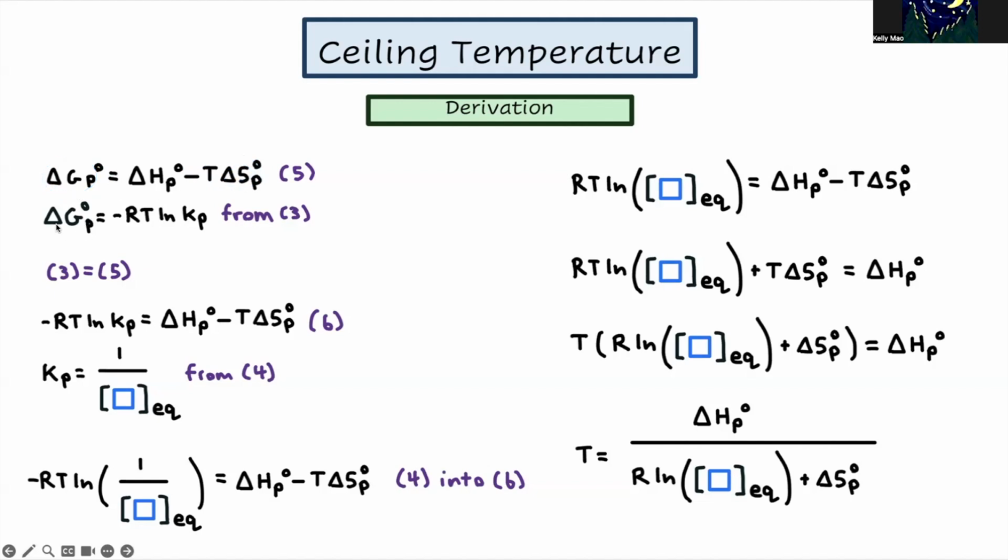If we equate this equation to what we had prior, we get the following equation. If we also plug in for Kp what we derived prior, we can get this equation.